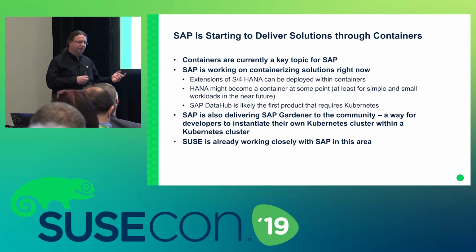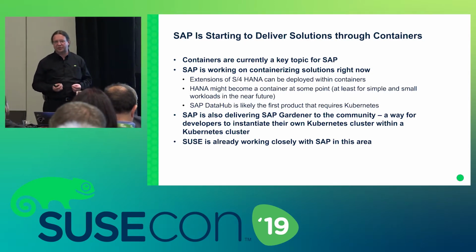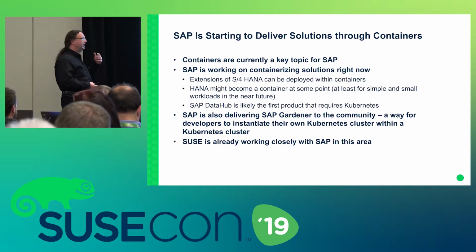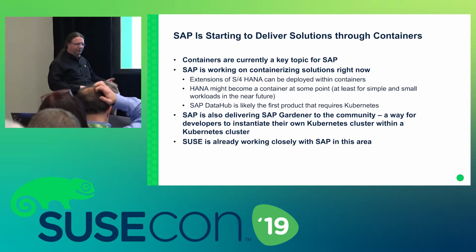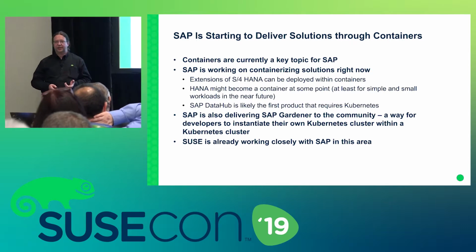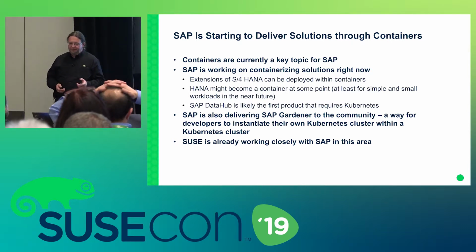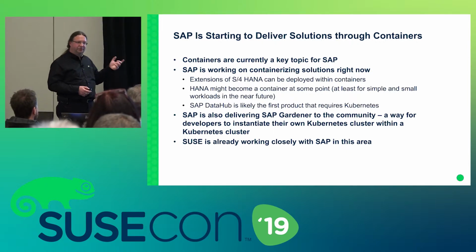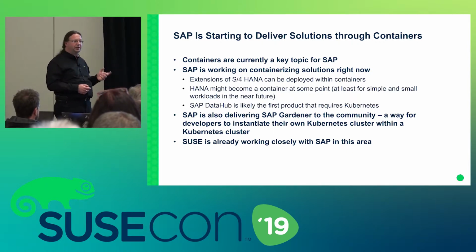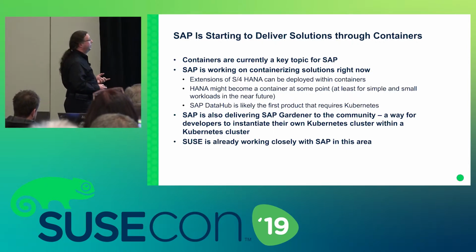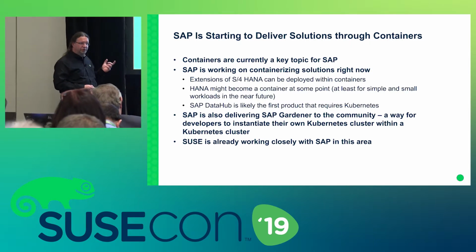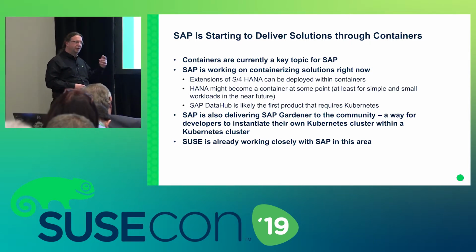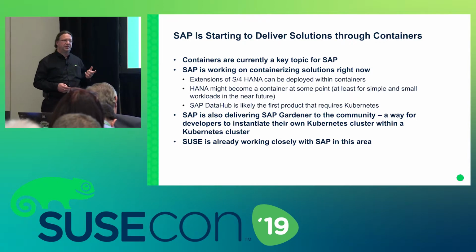That's a huge difference to the previous systems that you've seen, where you basically install a HANA or a NetWeaver system or an application server outside of a container. Data Hub basically is, to my knowledge, at least one of the very first products that SAP is now shipping as a container-only solution. So there is an own Docker registry that SAP provides as part of the product.